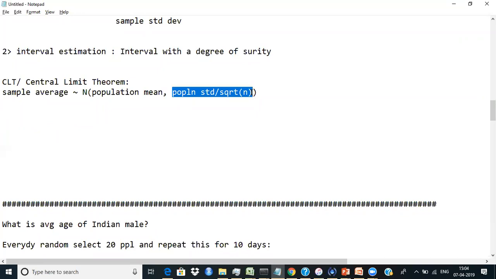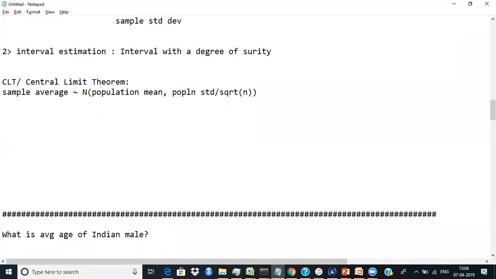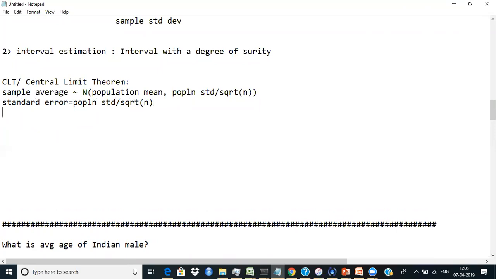In order to avoid writing this whole thing, people have given this a name which is known as standard error. Standard error is nothing but population standard deviation divided by square root of n. That is the name of this, right?